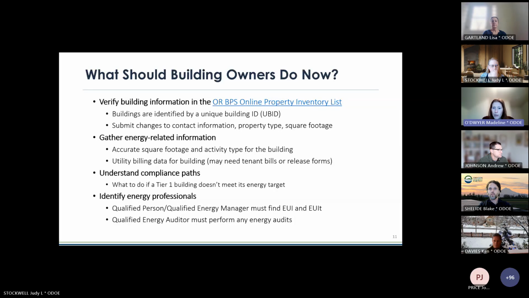You use this UBID or the address of the building to go into the property inventory list and to ensure that we have the right contact information, property type, and square footage. The second thing you'll need to do is gather energy-related information. Third is understand compliance paths. And finally, you need to start identifying energy professionals. Let's now go step by step to see that in a little bit more detail.